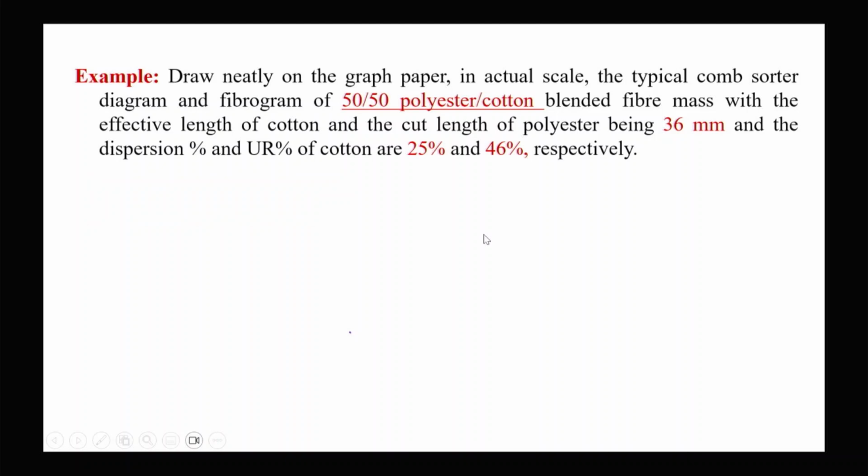So 50-50 polyester cotton, in actual scale we have to do. First let us try to do the comb sorter diagram. So we will take a graph paper, and in the comb sorter diagram we should take the x axis, y axis properly.